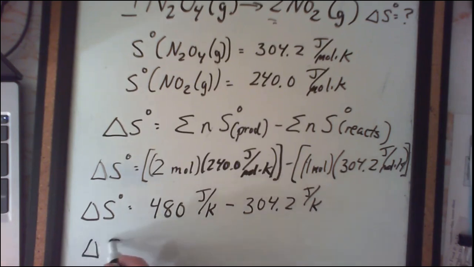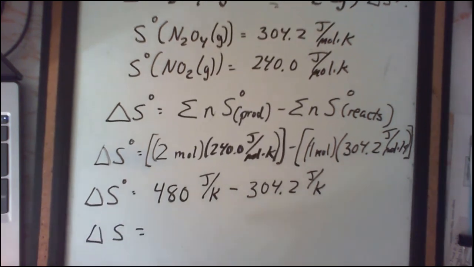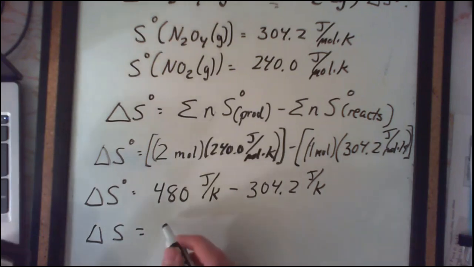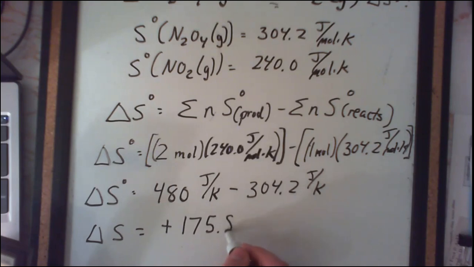So finally, our delta S value would be 480 minus 304.2, which gives us a value of a positive 175.8 as our delta S.